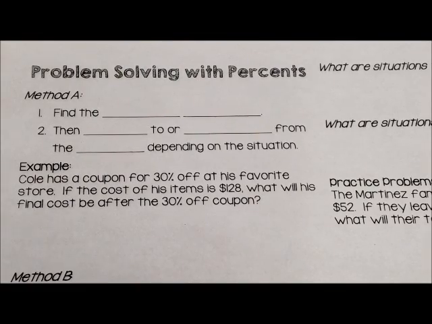So percents are something that we use a lot in real life, and in most cases you're figuring out some kind of problem or some kind of amount that involves including a percent or taking away a percent. So there's really two methods that people frequently will use.